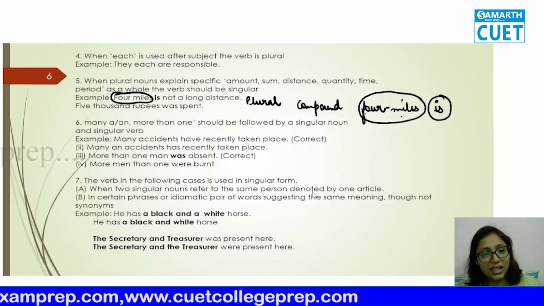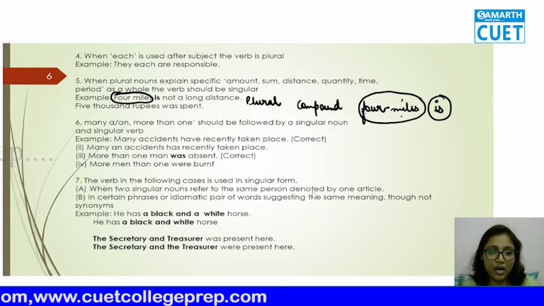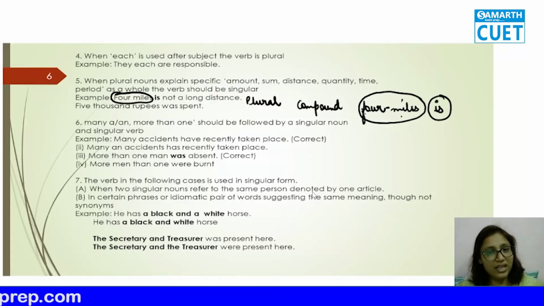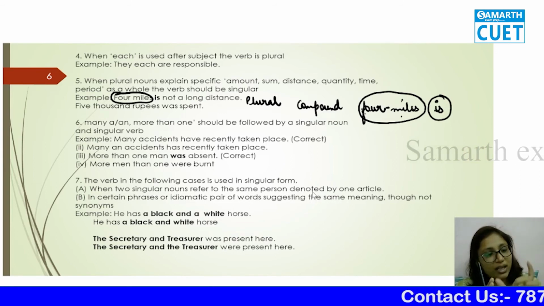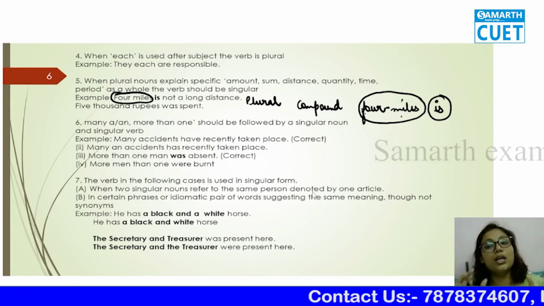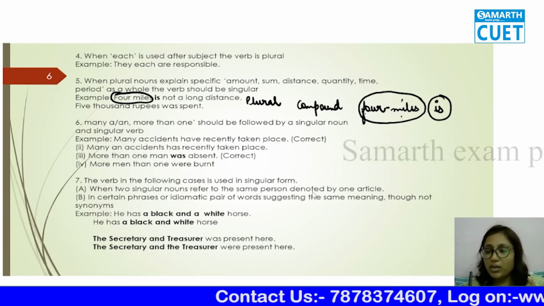Got it? So whenever the nouns for amount, sum, distance, quantity, time, period are joined with numbers, they form a compound noun. In that compound, it is always going to take the singular form.